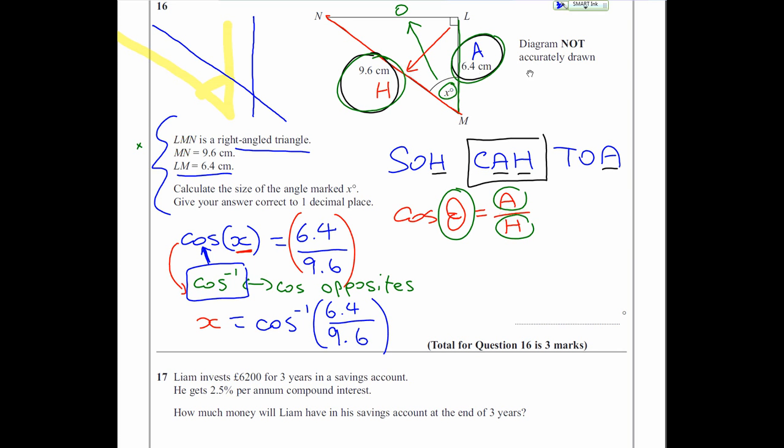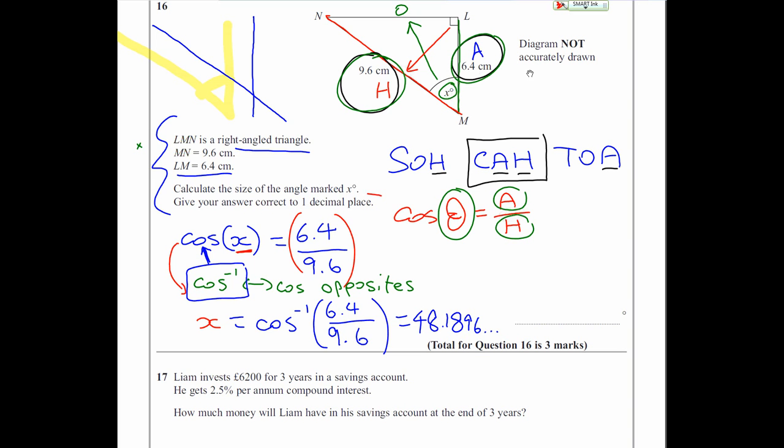Now, I've left it like that because that can go straight into your calculator. You might need to press shift and then cos to get cos minus 1. The fraction button, 6.4 over 9.6. Close your bracket and you get the answer 48.1896 blah blah blah.